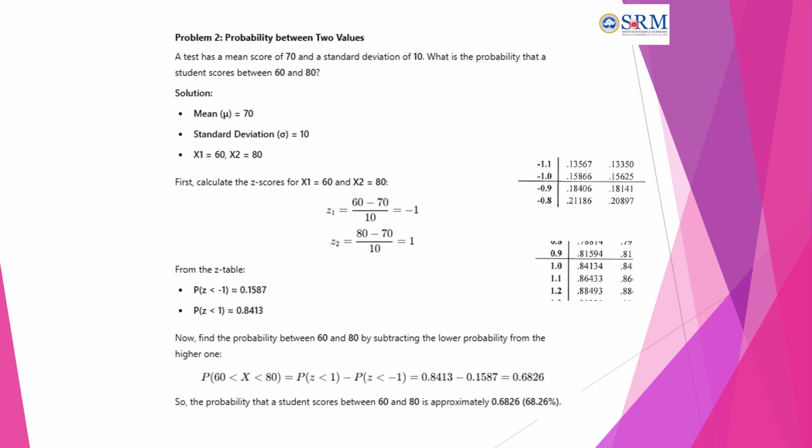That is given over here. Probability of z less than -1 is 0.15866. So to find the chance of scoring between 60 and 80, we subtract these. That is 0.84 minus 0.158 gives about 0.68. This means there is roughly a 68% chance the student's score falls in that range.